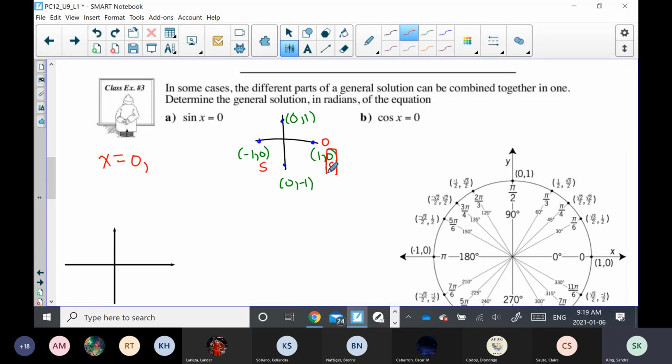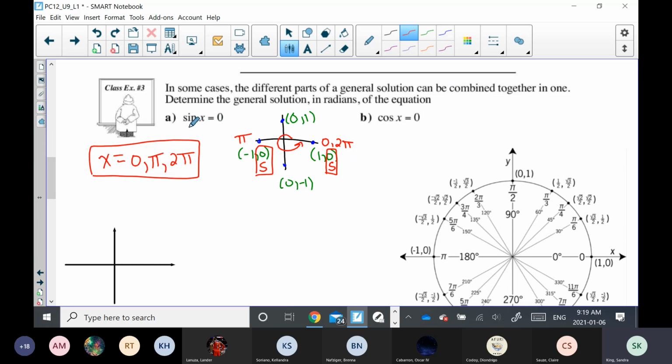And this guy: 0 radians, I go over here, and this is pi. So that's a solution. And then I actually have one more solution. Back here, if I go once around the circle, this is 0, but it is also 2 pi, because that's always 0, and then once around is 2 pi. So those are my solutions for where sine of x is equal to 0.